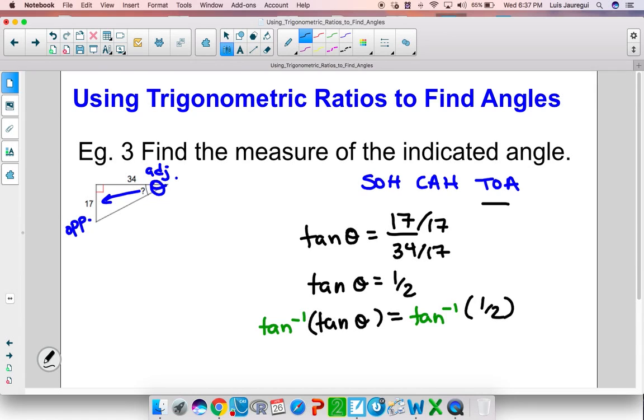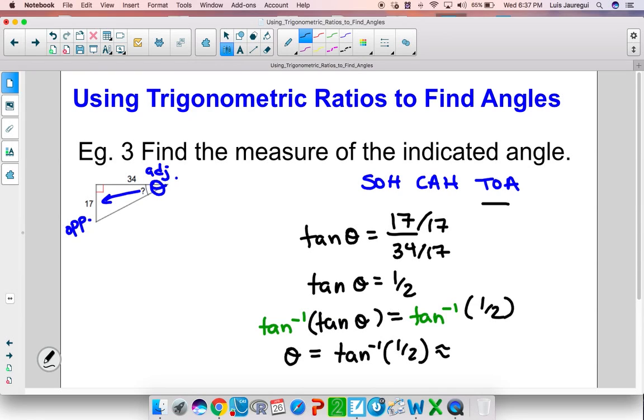Now I know for a fact that tangent inverse of tangent will be theta. So theta is equal to tangent inverse of 1/2. Now, as usual, in real life, we want an approximation. So let's find an approximation for tangent inverse of 1/2.